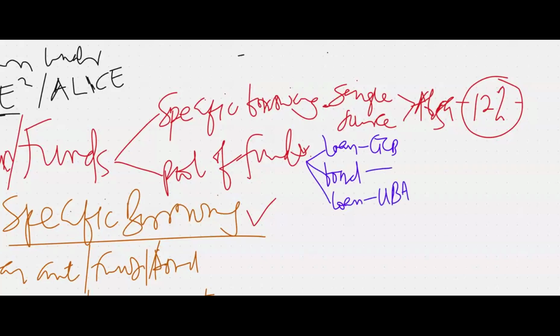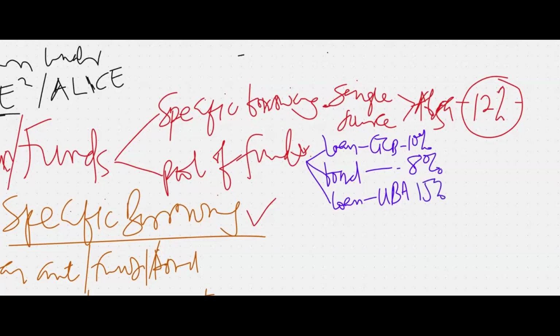Don't forget, the loan from GCB will have its own unique interest rate. Let's say it borrows 10 million. They can give the business 10%. The bond can have a coupon rate of 8%. Then UBA can also give a loan at a rate of 15%.